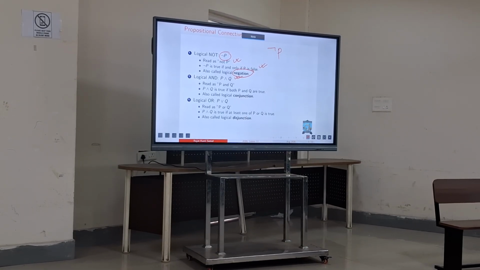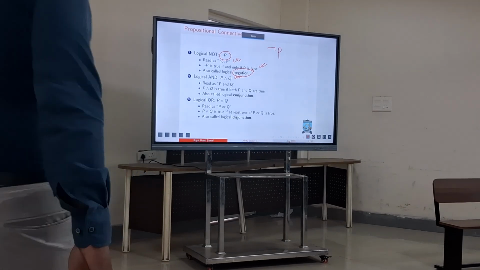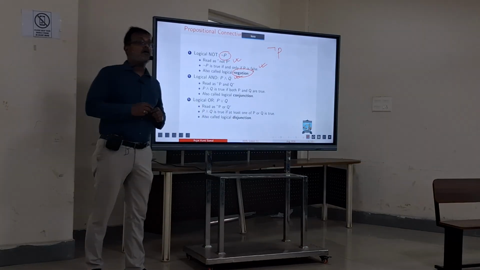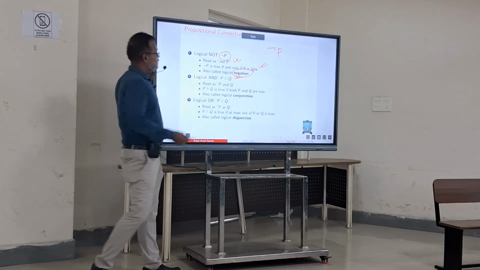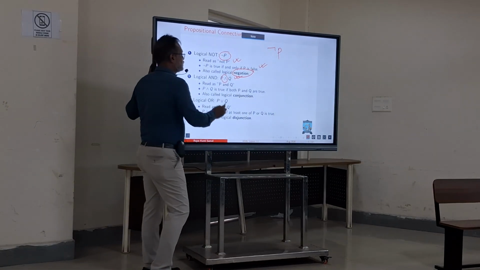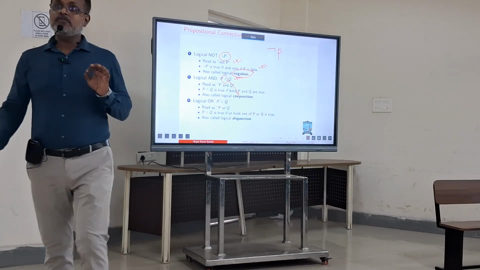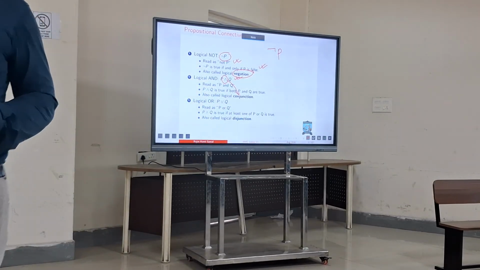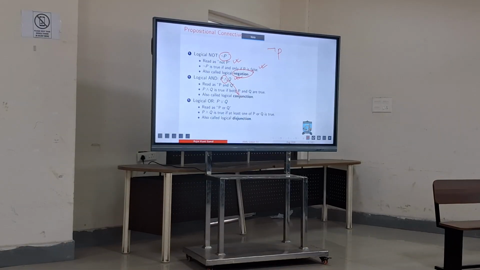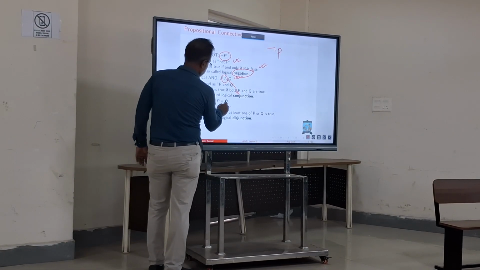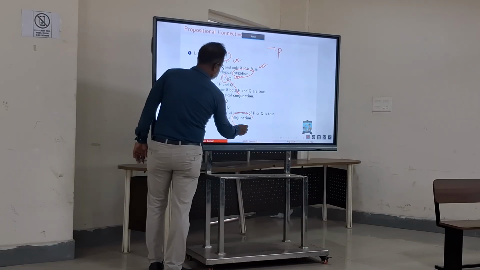Logical not means a straight line, then another line at 90 degrees below, in that direction. Okay. So remember that, all of you. And is known as conjunction, whereas or is known as disjunction.